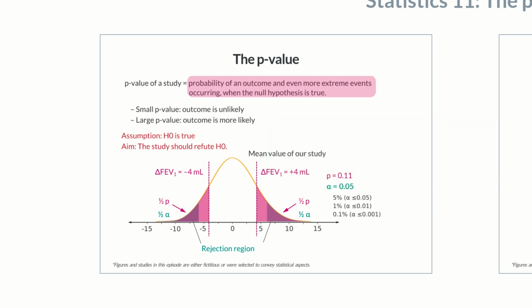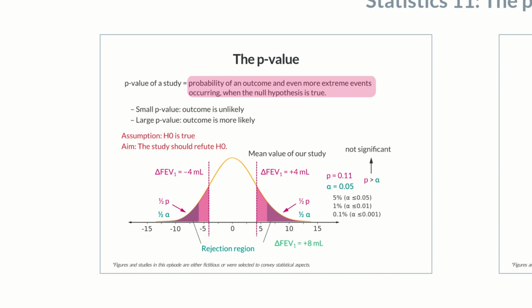In our study, the p-value of 0.11, or 11%, is higher than the significance level. So as we already know, the study is not significant. Let's imagine that the change in the FEV1 value after administering the drug had been twice as large and averaged 8 milliliters.